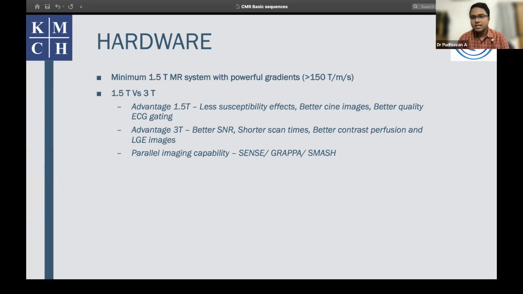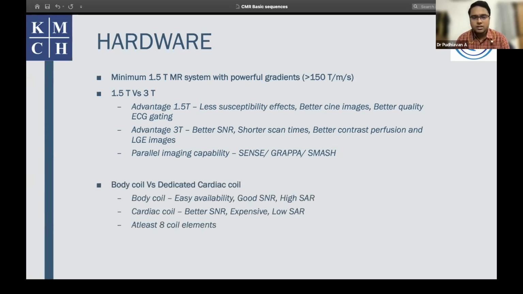Because of the better SNR, especially the post-contrast perfusion images and the delayed enhancement images have a much better contrast and signal to noise ratio compared to a 1.5 Tesla system. And whether 1.5 Tesla or a 3 Tesla system, the presence of parallel imaging capability in that system like SENSE, GRAPPA, or SMASH will always be helpful in cutting short the duration of scan.